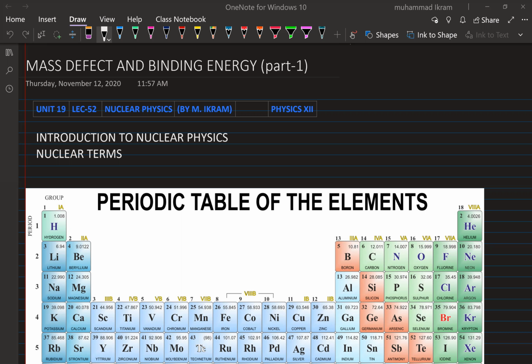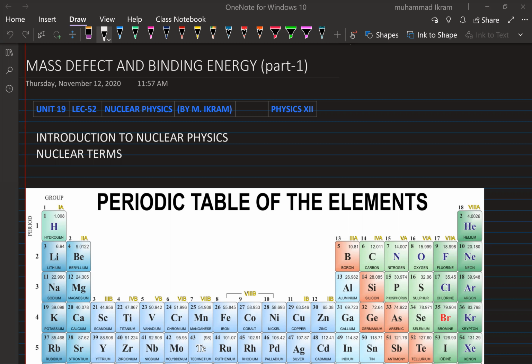This is why, since we have time also, I thought it wise to just give you a brief introduction before going into the mass defect and binding energy. This is why I intend to divide this into two parts: mass defect and binding energy part 1, and in my next lecture I will teach you mass defect and binding energy part 2.